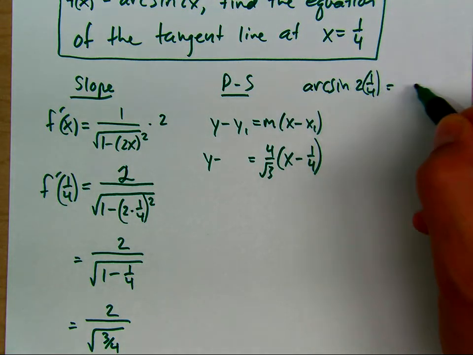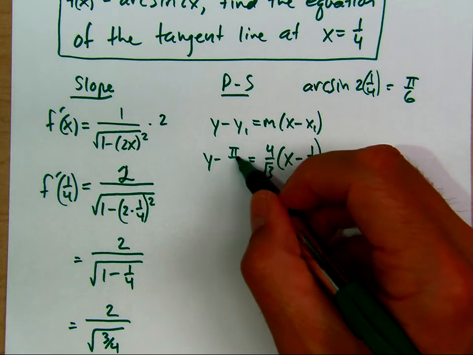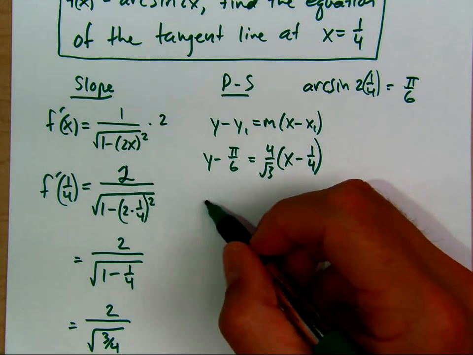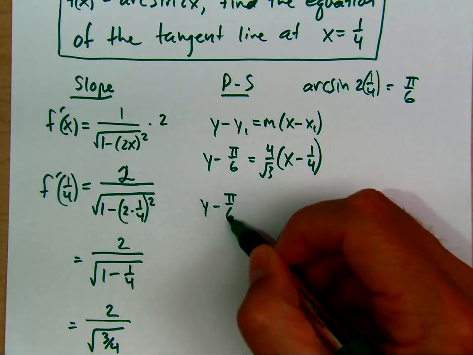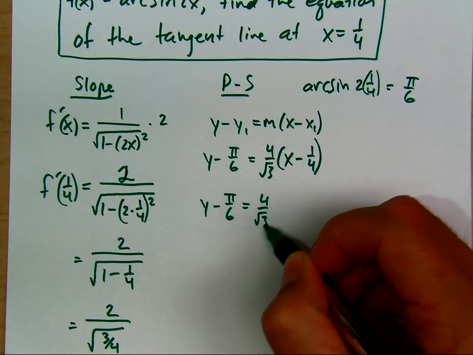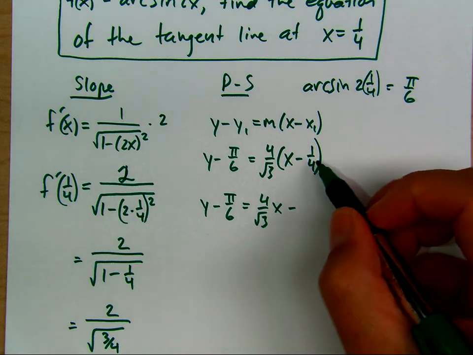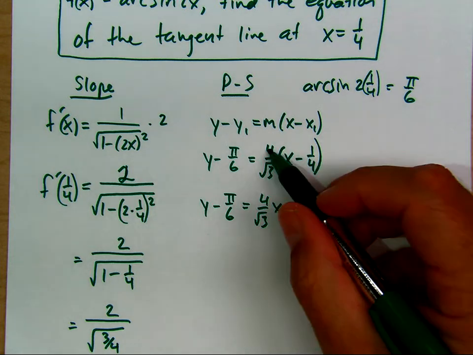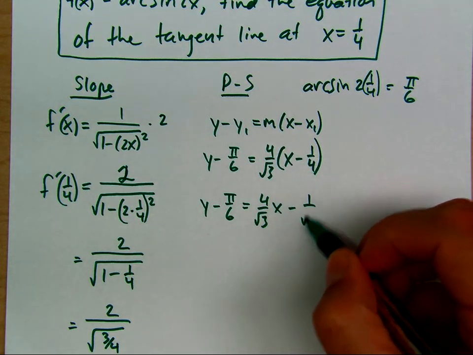That's arc sine of 1/2, and we saw that earlier is pi over 6. And we're going to distribute, so the 4 will cancel. We get 1 over radical 3.